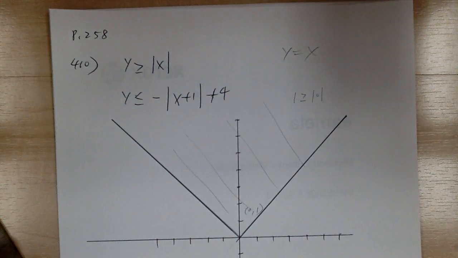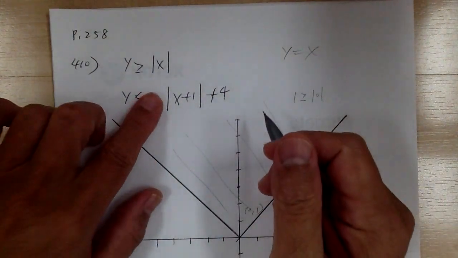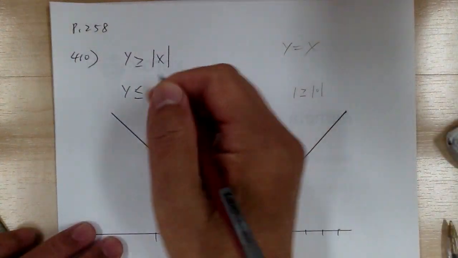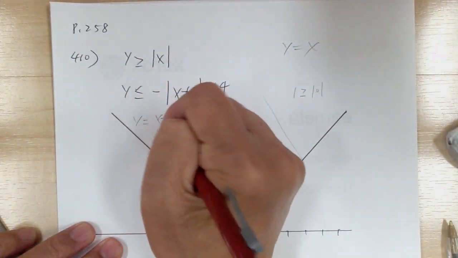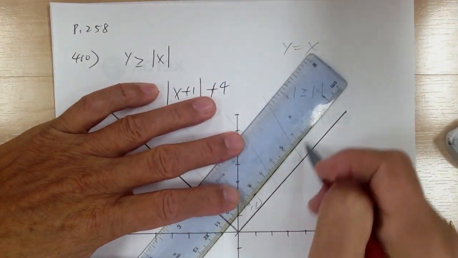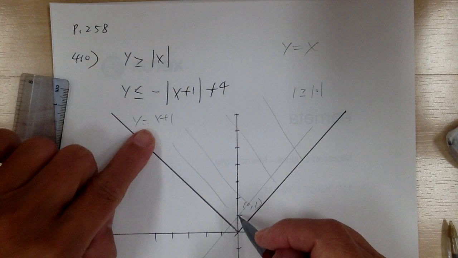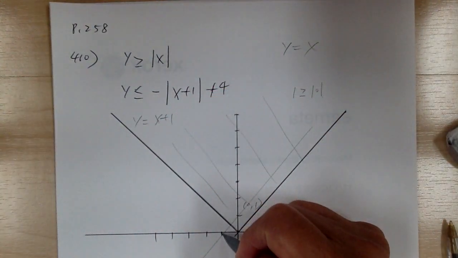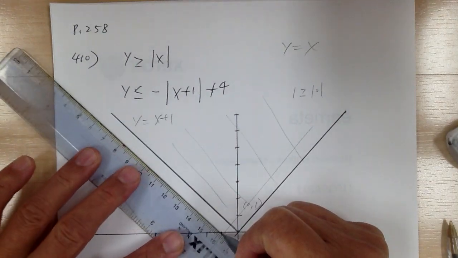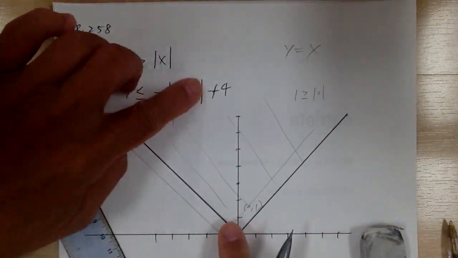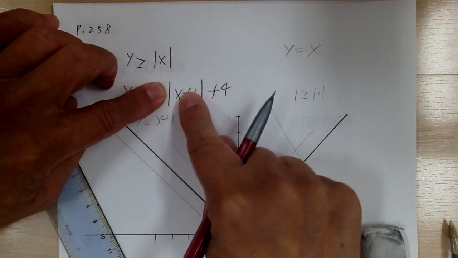Now next one over here, to graph this one. So again, you start with y equal to x plus 1. Okay, so that is going to be right over here. And you take the absolute value, means you have to flip this over. Okay, so it becomes like this. So that is this part over here.